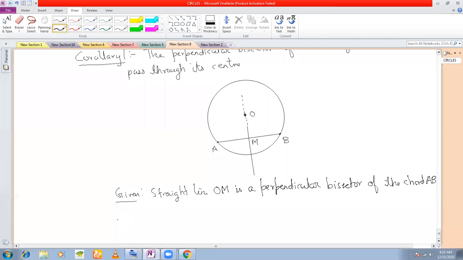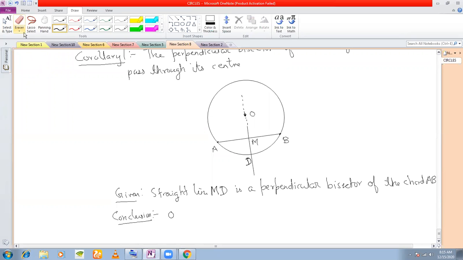Okay, this is given to you, and from the above theorem you can conclude that, not OM, let's call it something else, straight line MD.